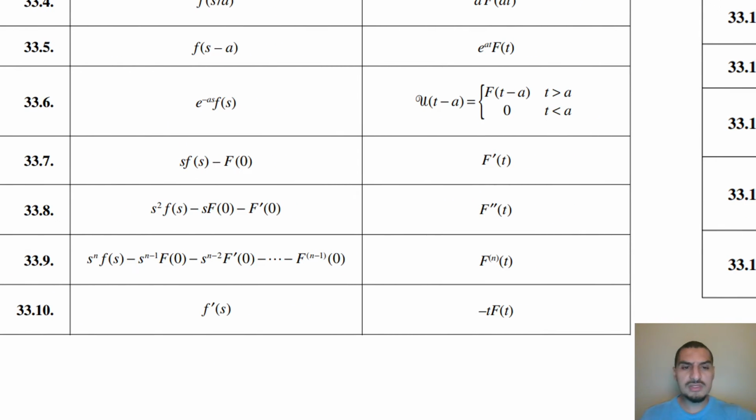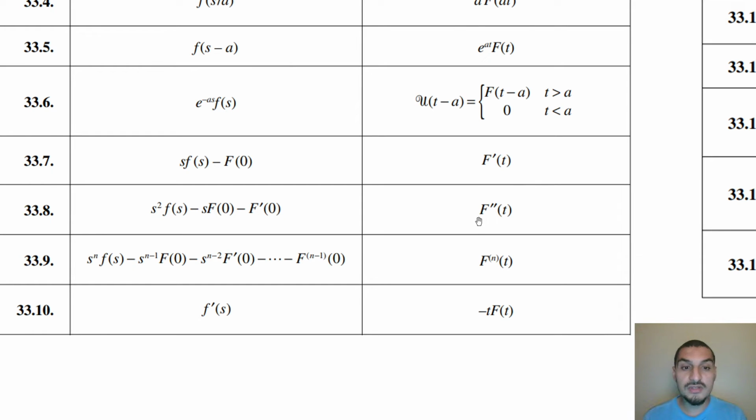These three are the ones that I believe are interesting. The first derivative in the time domain is converted into s multiplied by F of s minus f of 0. So this is the derivative, and this is the beauty of the Laplace transform. You see it's converting this from a differential form into an algebraic form.